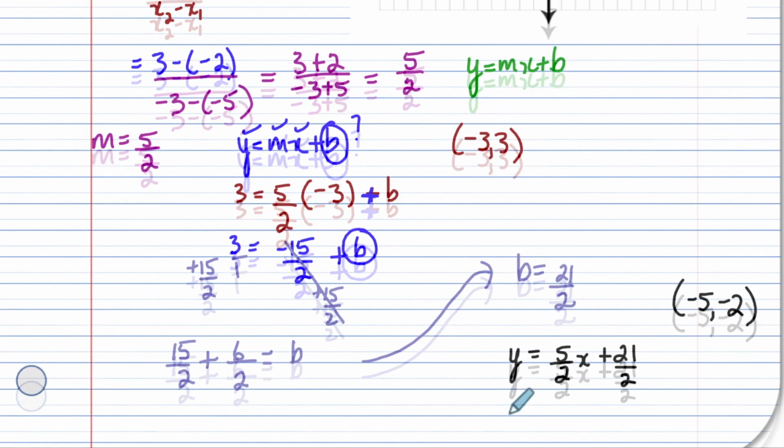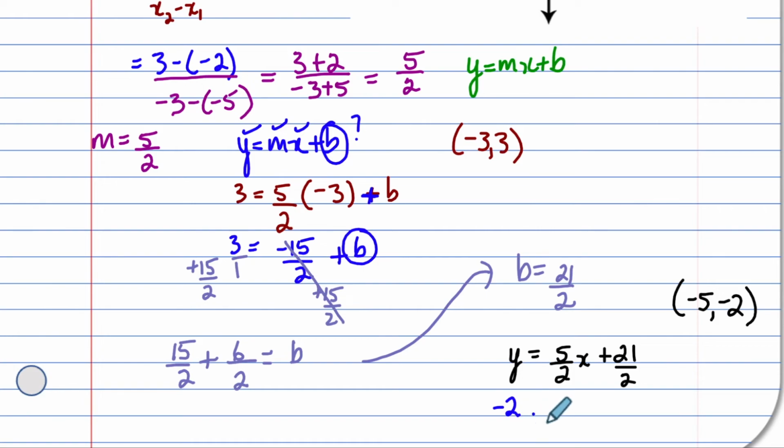Let's check it out. Y is negative 2. Does that equal 5 over 2 times negative 5 plus 21 over 2? We get negative 25 over 2 plus 21 over 2, which is negative 4 over 2, which is negative 2.